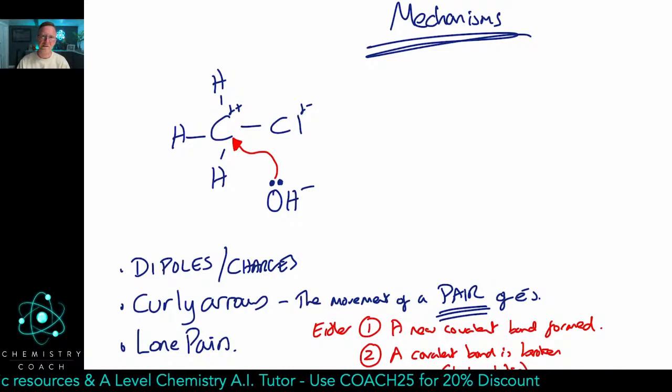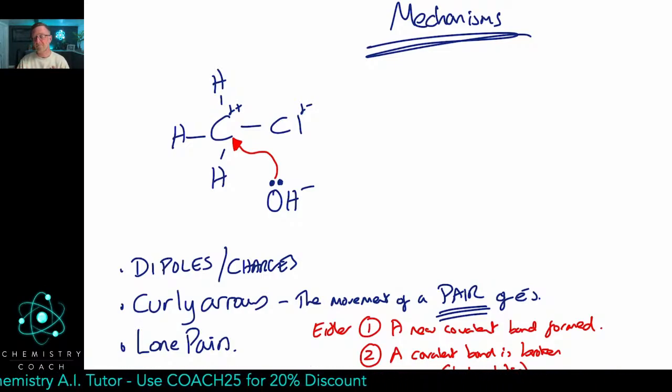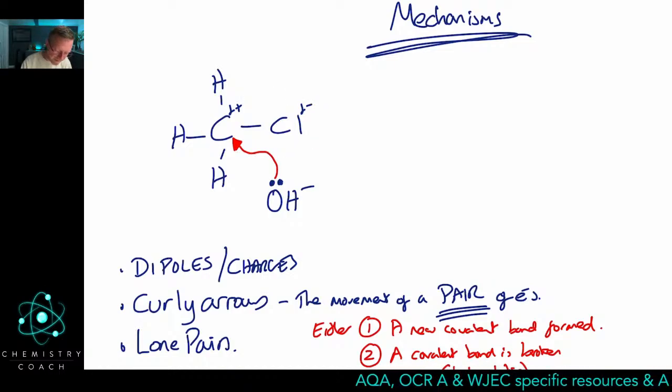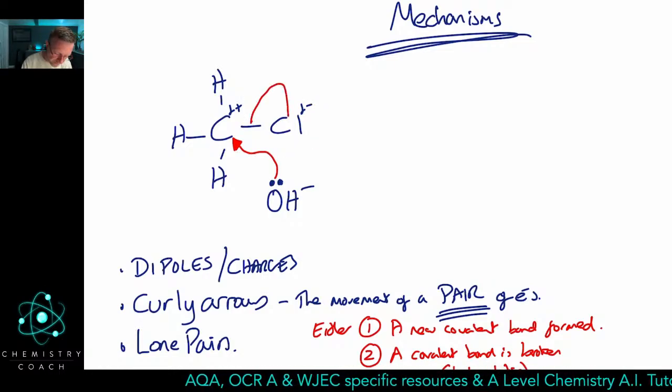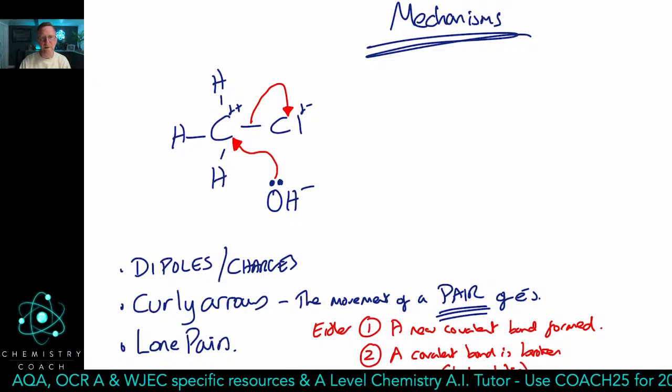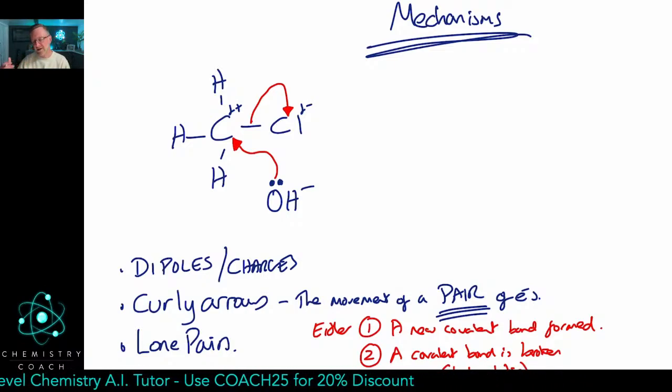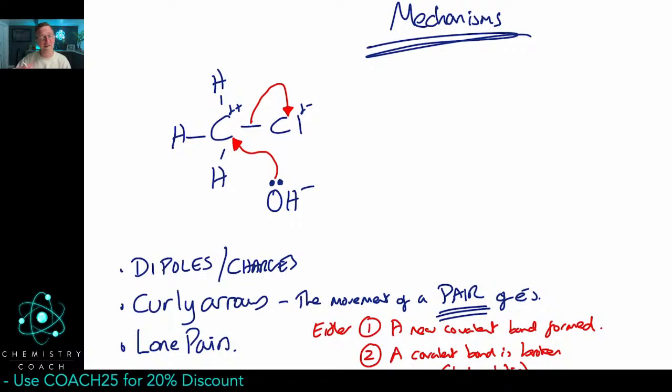Now, if you remember what I said before about bond polarity, if a bond's polar, that means it's weaker. And because this bond is the most polar one, that's why this pair of electrons moves to the chlorine. We're breaking this bond now. Because it's polarized, it's weaker. So the OH comes in and basically bullies the chlorine out.